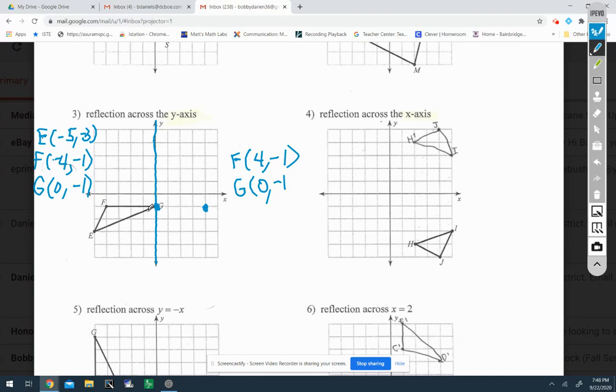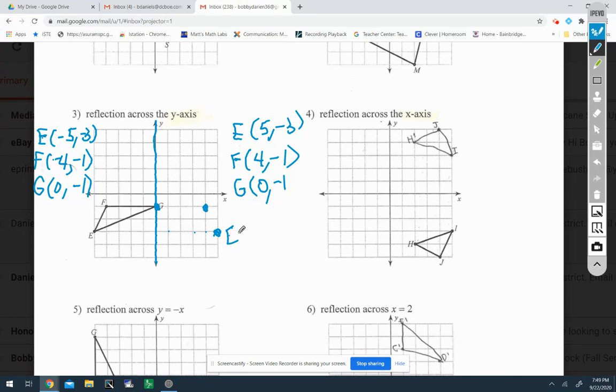Now E is all the way over 1, 2, 3, 4, 5, -5. So it's over 5 places to the left, so we're going to bring it across that line. 1, 2, 3, 4, 5 places. So here's our new E. E becomes 5 and -3.